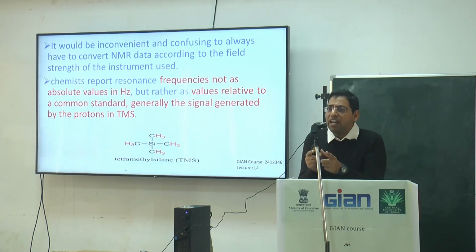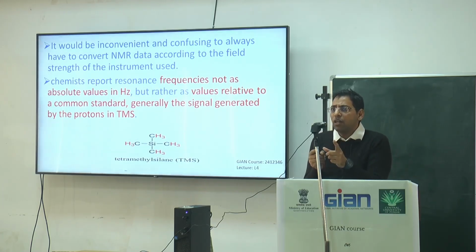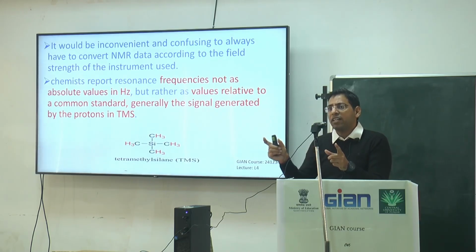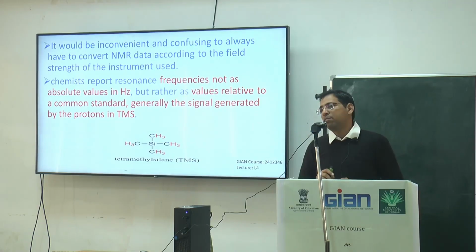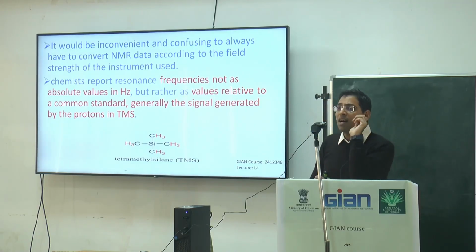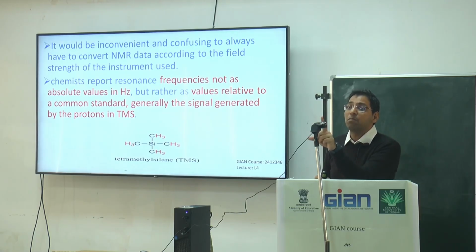You will find the internal control comes up at 0, and whatever pattern you are getting, the difference between the internal control and those peaks is the same in my machine and in Dr. Ati's machine. So we avoid the megahertz concept for NMR spectra, and we fix ourselves with ppm. ppm is parts per million.